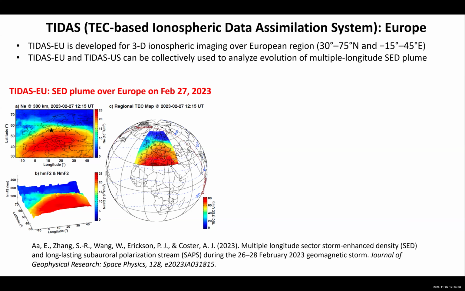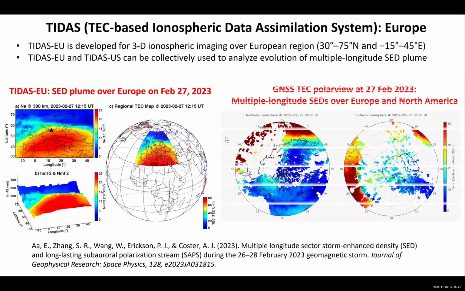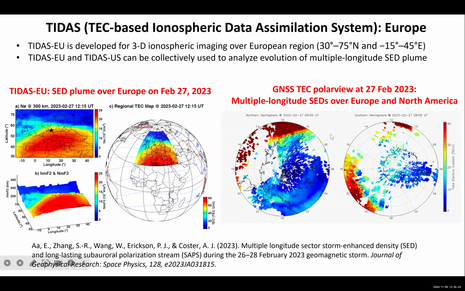We would like to emphasize that the SED is not only limited to a certain longitude. It can be a multiple longitude phenomenon. Although we usually observe it in the North American sector, the SED can also be observed over the European region and even Asian sectors. Here we show an animation from the TEC polar view.